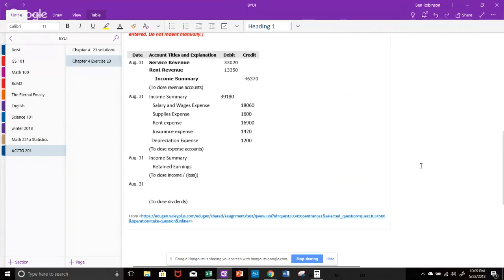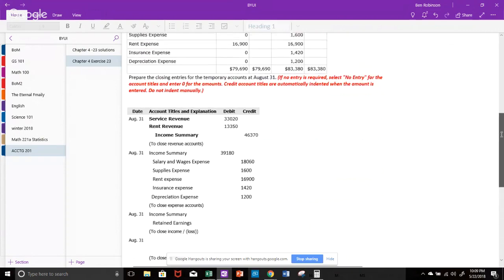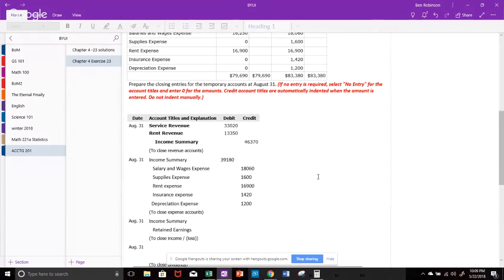So how we would determine this is it's really as simple as the income, so the revenue that we moved over to the income summary, which, if we had a T account here, would be on the credit side, and then on the debit side we had 39,180, which represented all of the expenses, and so the profit is going to be a leftover credit of 7,190.